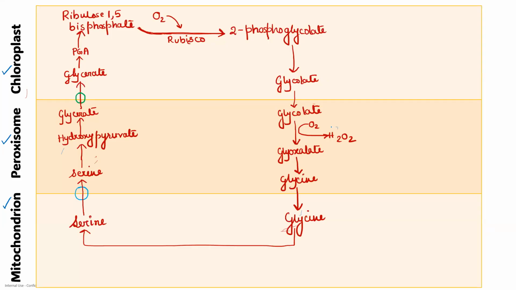So here you see RuBP is forming 2-phosphoglycolate with the help of the enzyme rubisco. This phosphoglycolate is then getting converted to glycolate with the help of the enzyme phosphoglycolate phosphatase.